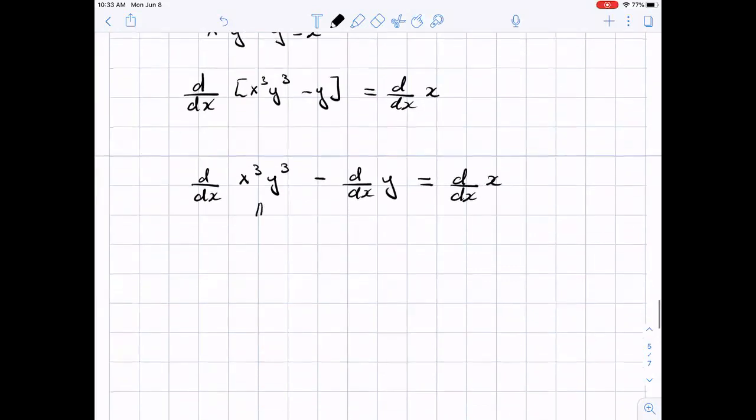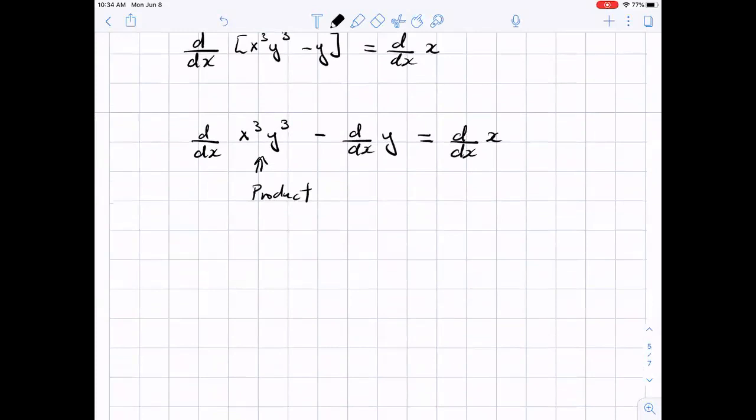Now notice here we have a product, okay? So if this is a product, we have to use the product rule, okay? So you may want to go back and look at your product rule, okay?